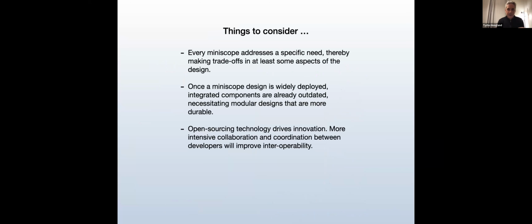But there are always trade-offs that are made in at least some aspects of the design. So you don't have a one-Miniscope-fits-all. And it's good that we have this large diversity of Miniscopes now available to all of us.